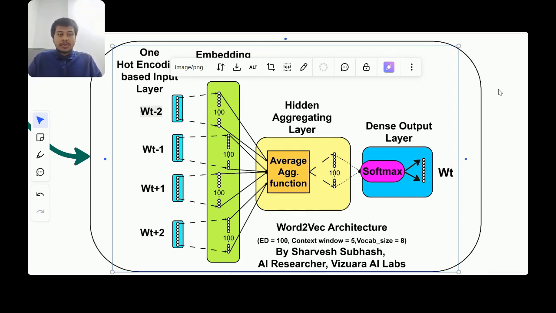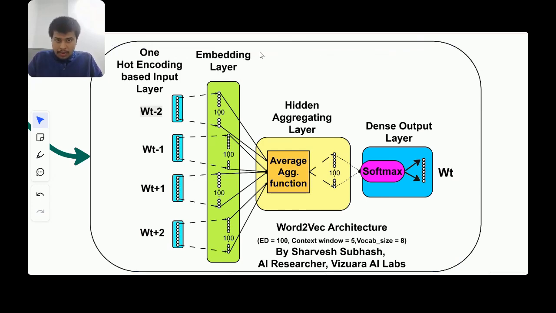I hope you understood the whole architecture of Word2Vec. I think you can even build your own. We'll implement this overall Word2Vec architecture, our own custom training and building of it, in Google Colab. You can even try it out yourself along with me. I'll be attaching the notebook in the video description.